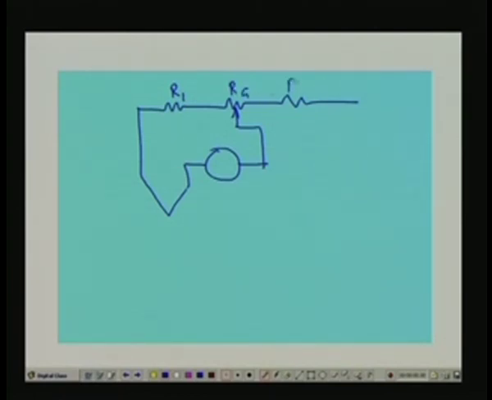So we have R1, RG, R2, connected to a thermocouple and a galvanometer. This is R1, this is RG, and this is R2, this is A, this is B, right. So this is our iron constantan thermocouple.